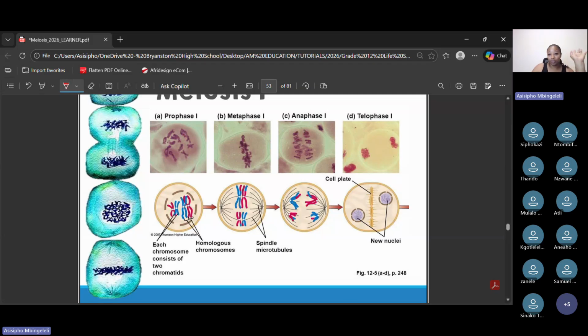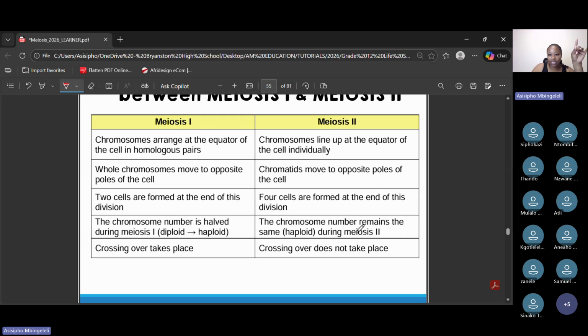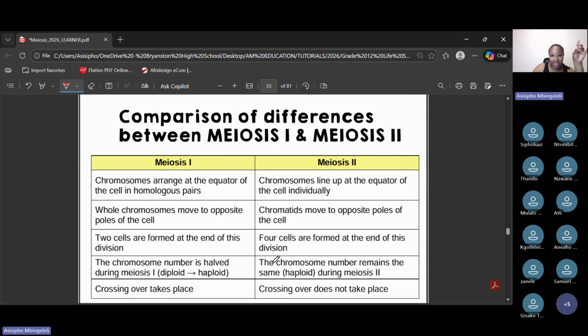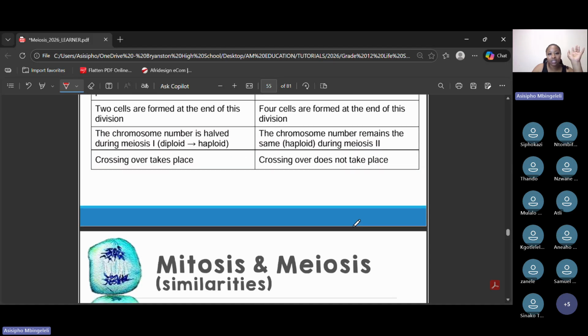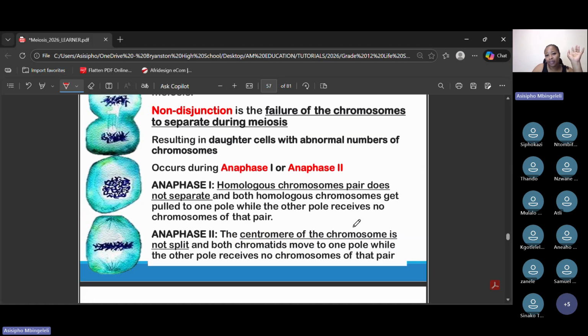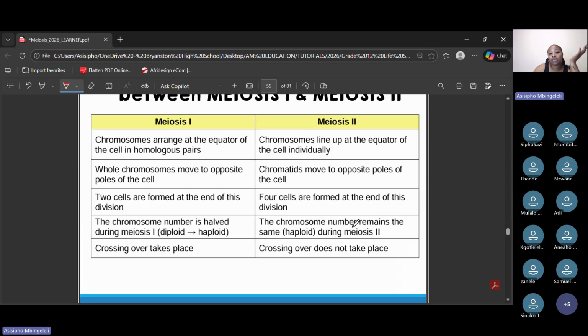Okay, so I'm going to skip these diagrams. There was a question, I think it was from Samuel. So this is your slide, Samuel. We are able to see what is happening here between meiosis 1 and meiosis 2. There should be another table that is specific in terms of the phase, I'll look for it, but we can still use this one.